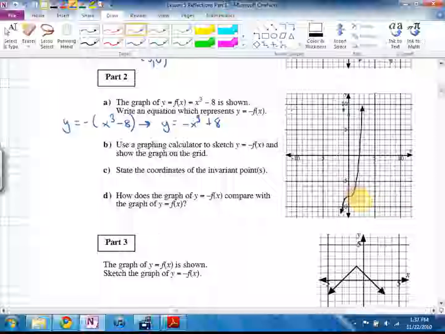Let's try and find another nice point. Oh, you know what? I think right there, I think this is 2 comma 0. What's going to happen to 2 comma 0? It's going to stay 2 comma 0. In fact, I think the new graph is going to look sort of, kind of like that.